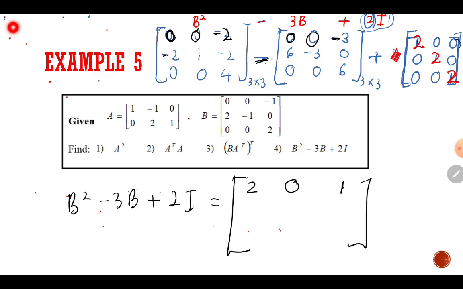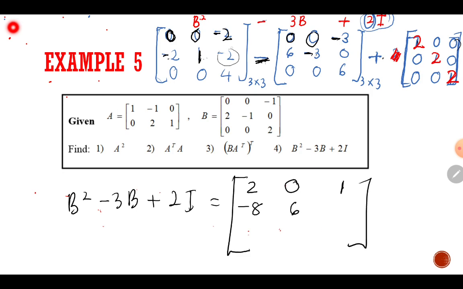Negative 2 minus 6. So we get negative 8 plus 0. So we get negative 8. And then we have 1 minus 3. 1 minus 3 meaning 1 plus 3, which is 4. 1 minus 3 gives 4 plus 2. So we get 6. Okay.